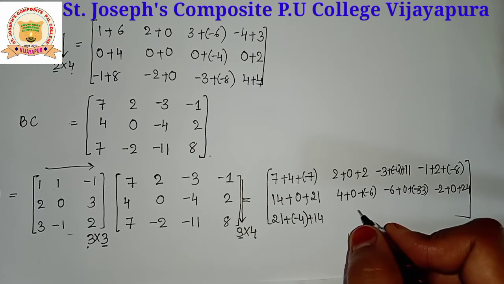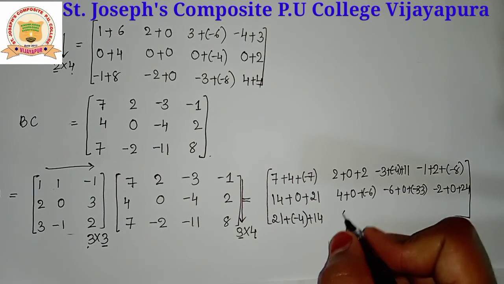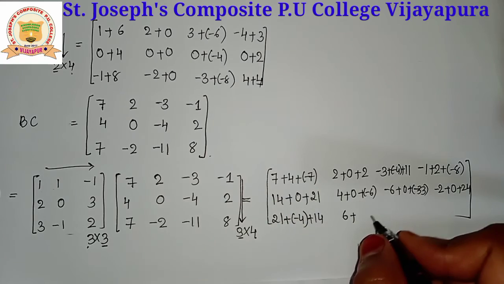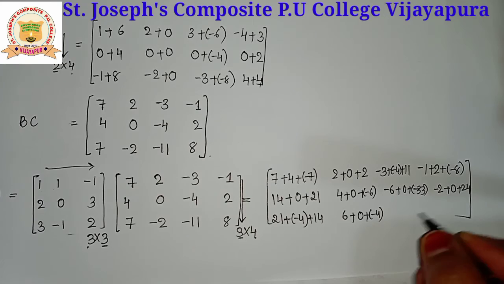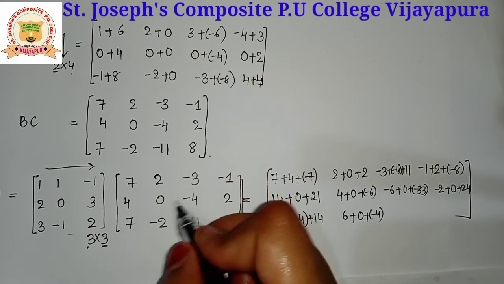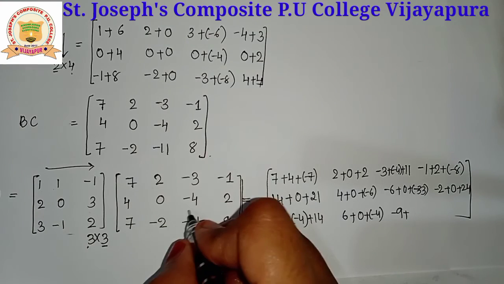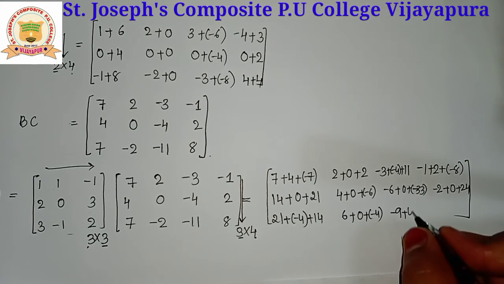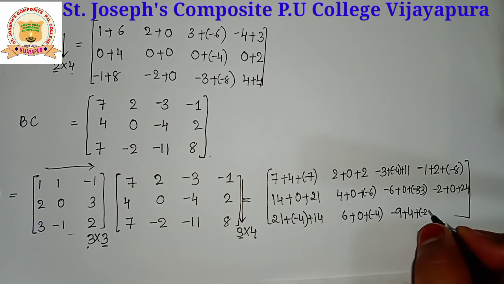Our next element will be A32, that is third row, second column. 3 into 2 is 6, plus minus 1 into 0 is 0, plus 2 into minus 2 is minus 4. Our next element will be A33, third row, third column. 3 into minus 3 is minus 9, plus minus 1 into minus 4 is plus 4, plus 2 into minus 11 is minus 22.